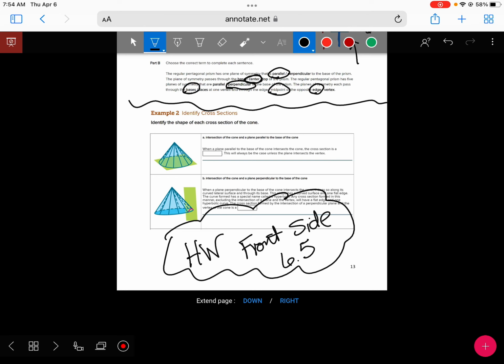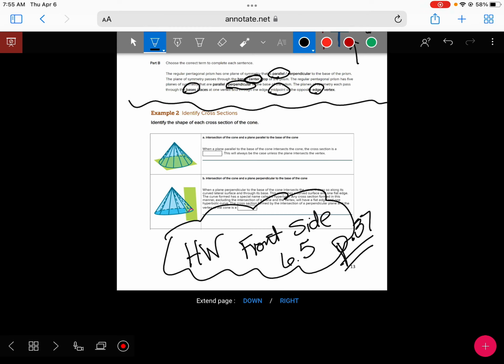Page 37. You probably cannot do 8, 9, and 10. We did not talk about that much. Okay? Page 37.